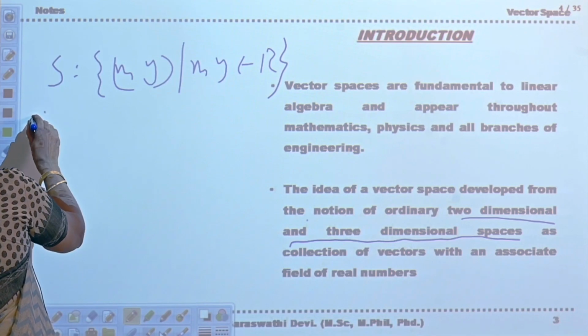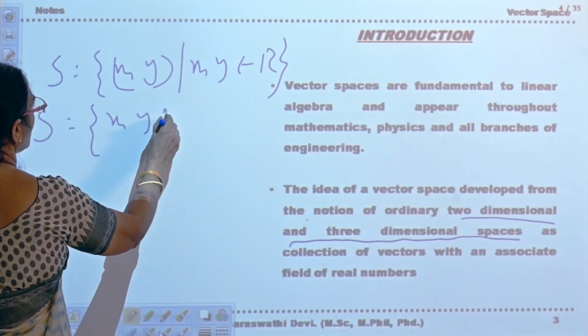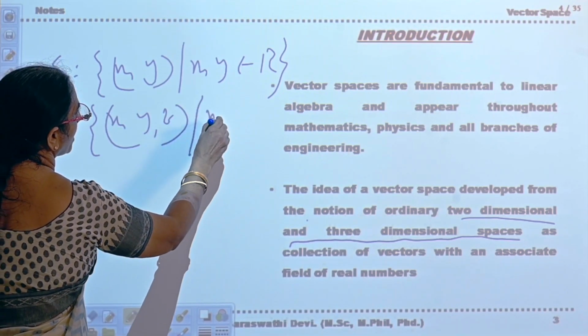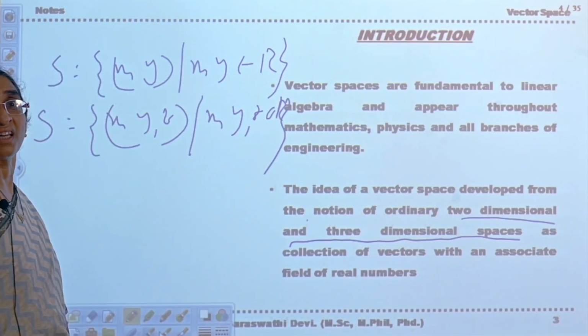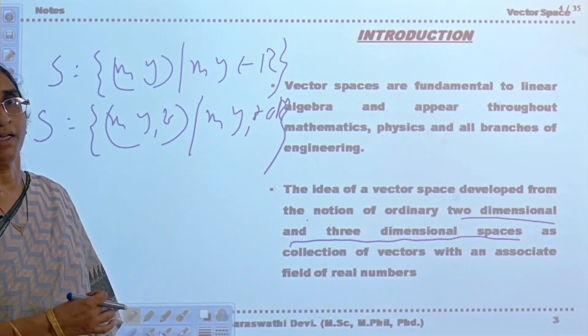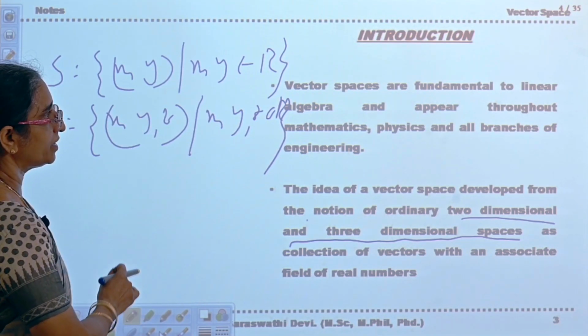Similarly, the set of all (x, y, z) where x, y, z belong to R is the set of all ordered triads.